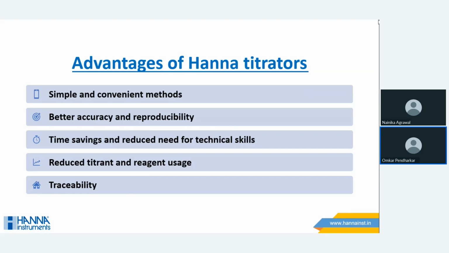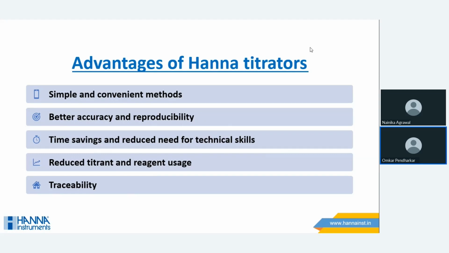The system completely uses the electrodes and the sensing system for the determination of endpoint. So the results calculated after the titration are more accurate and reproducible than that of the manual titrations. It is time saving and reduces the need for technical skills. In comparison with manual titration, the automatic titration is more convenient and time saving for the analysis.